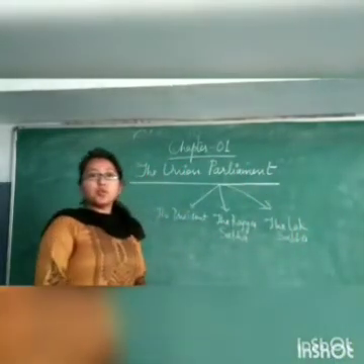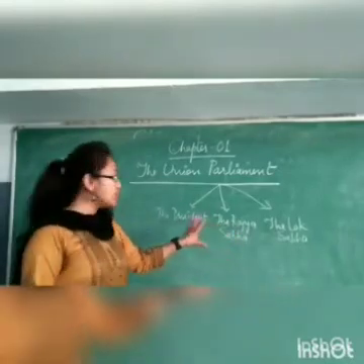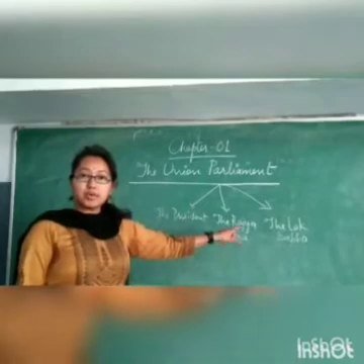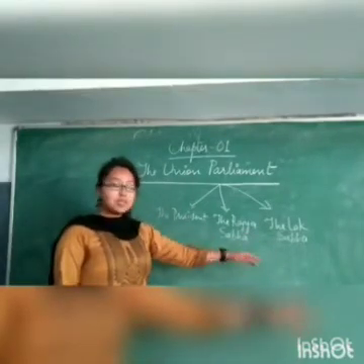As I already told you, these three constituents of the Indian Parliament are the President, the Rajya Sabha, and the Lok Sabha. So these are the two houses of the Indian Parliament.